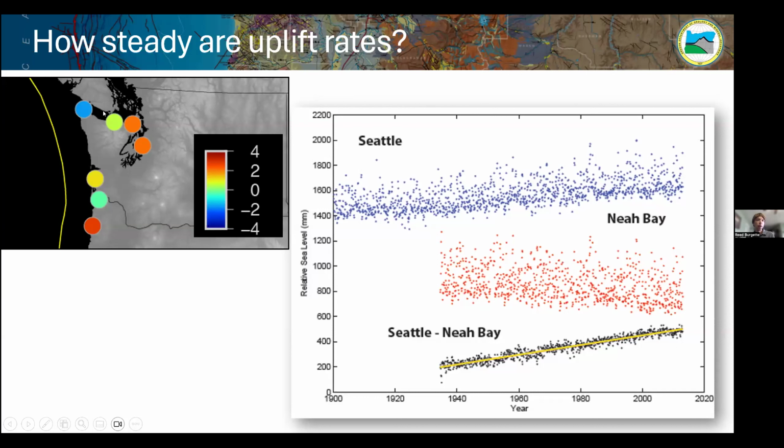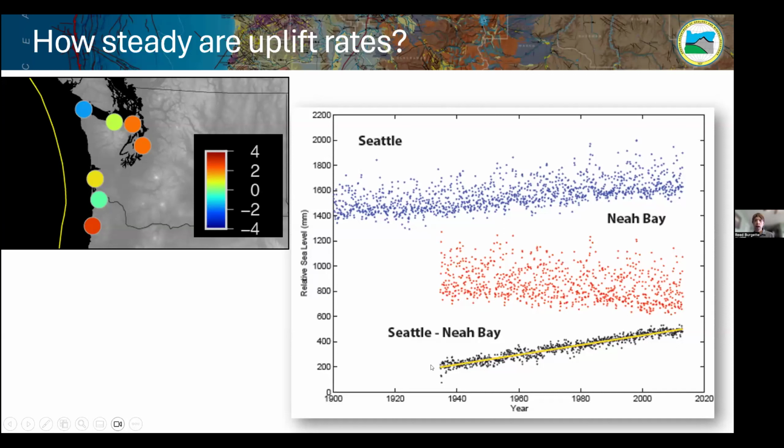And then comparing it to the Neah Bay tide gauge that has a very negative rate of relative sea level change through time. And so these are the monthly mean time series from those tide gauges. And if we difference them, most of the oceanographic signal is shared and cancels out. So we're basically left with a time series of relative vertical deformation between those two sites.